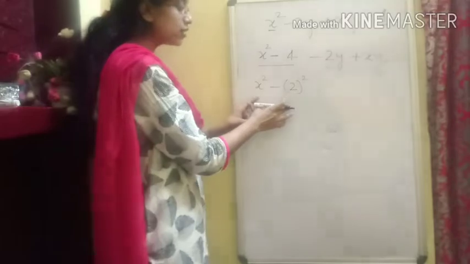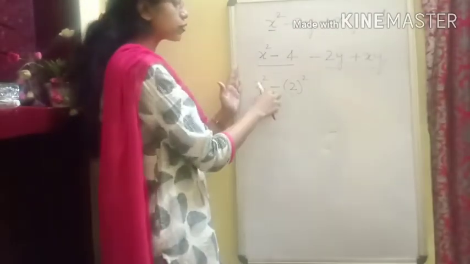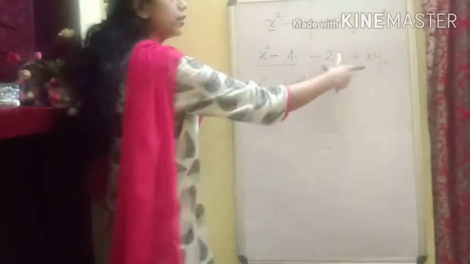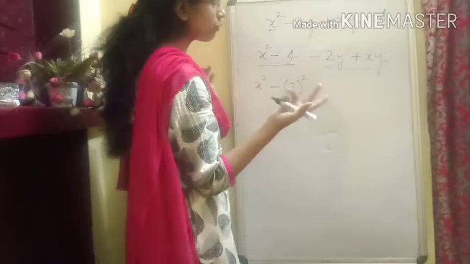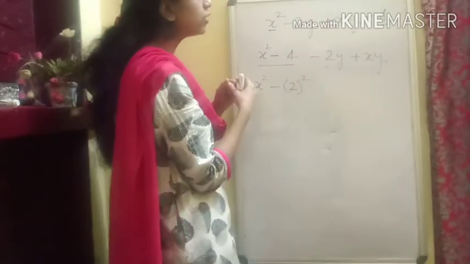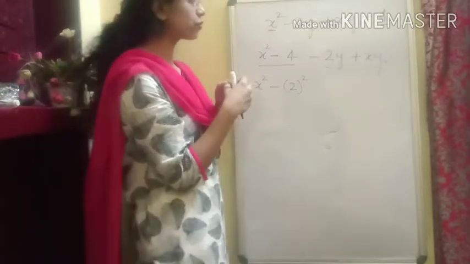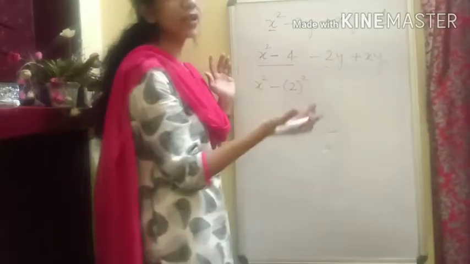Now as we have written, in these two terms we can apply the identity of a square minus b square. Now here in these two terms, if you ask me what to take common, here y is common, and before we proceed, which sign to be taken as common? So let's take plus common.